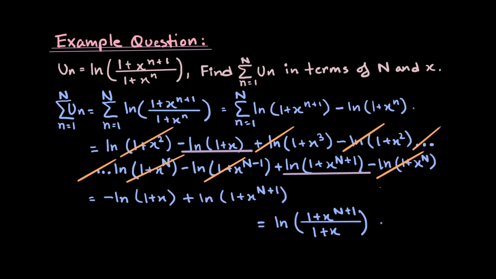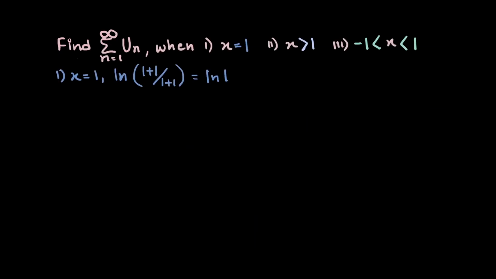If x is equal to 1, you have 1 to the power capital N plus 1. Now 1 to the power anything is equal to 1. So if you replace x with 1, you have ln of 1 plus 1 divided by 1 plus 1, which is equal to ln of 1, which is 0. So when putting in x equal to 1, the summation of the series converges to 0.